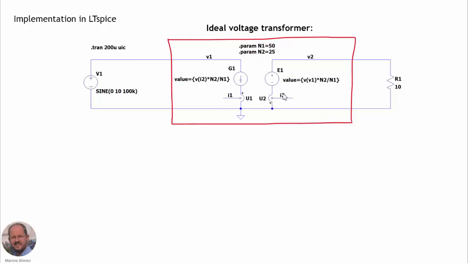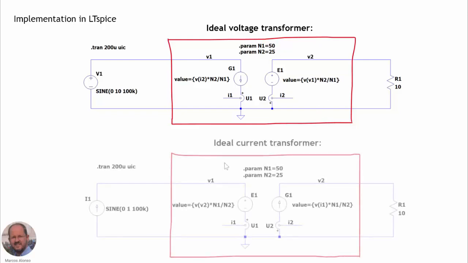We are measuring this current here with this sensor and multiplying it by the turns ratio. And then we use a voltage source here, which is going to generate the voltage across the primary, which is measured here, multiplied by the turns ratio N2 over N1.